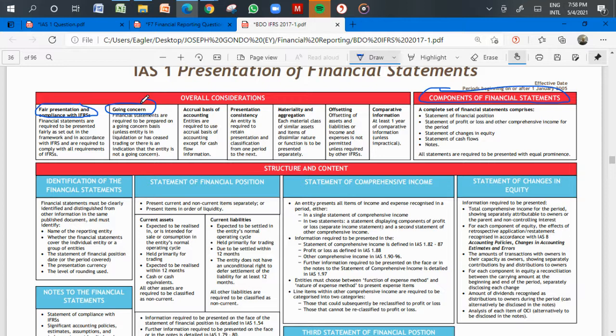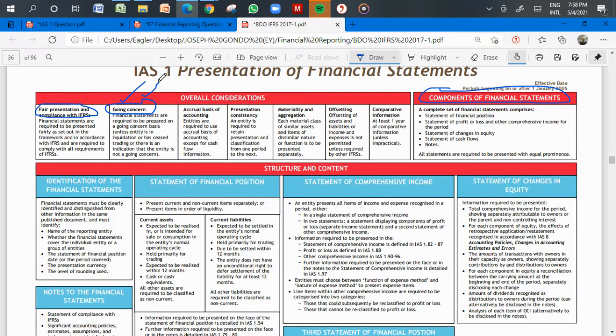Going concern basically means an entity is going to operate for the foreseeable future, and for this concept's sake, the foreseeable future is the next 12 months. So when the company is preparing its financial statements, it is preparing them on a going concern assumption. In terms of the conceptual framework, this is called the underlying assumption.